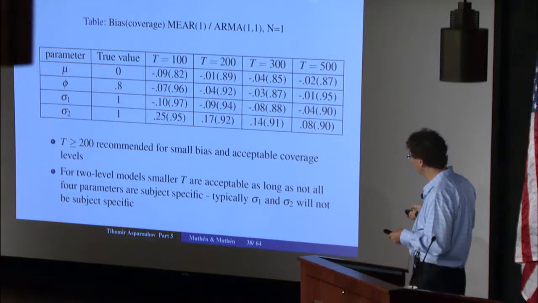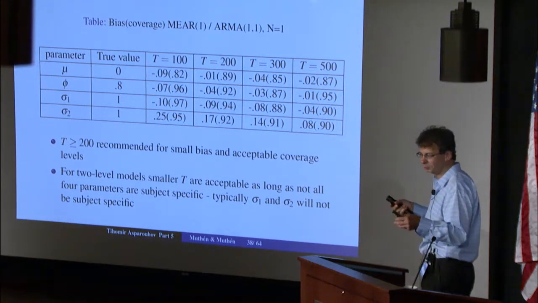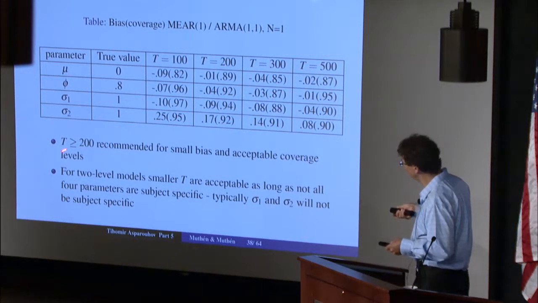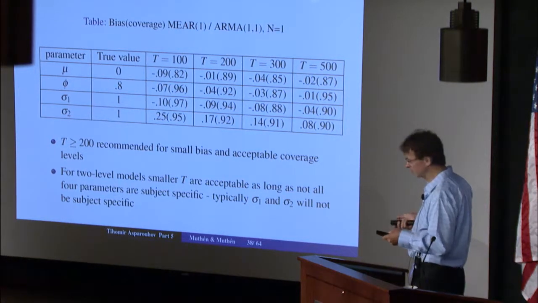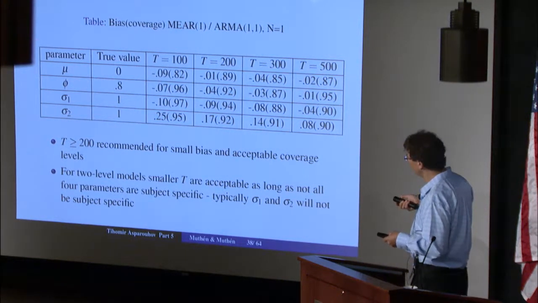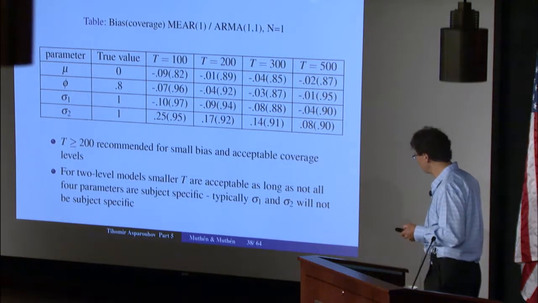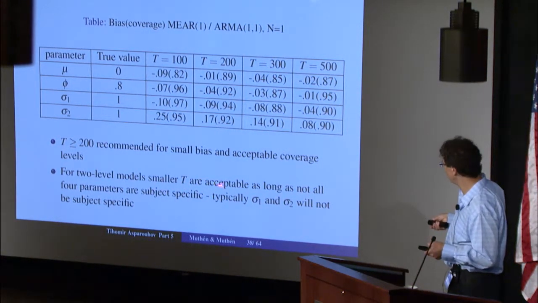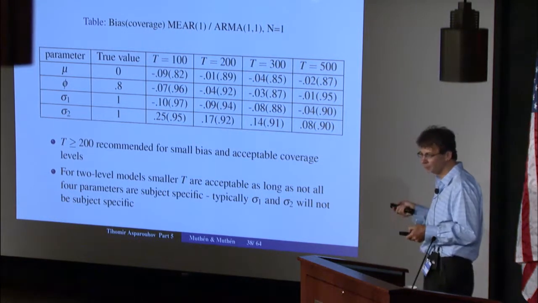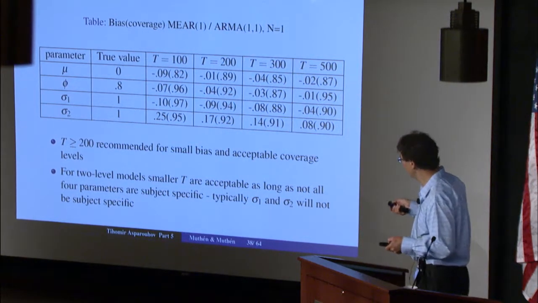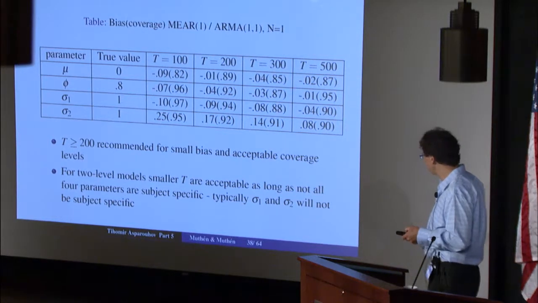The fact that some of the parameters are invariant across the clusters allows you to carry information from one cluster to another, and therefore reduces the demand for the number of time points. You'll be able to get good parameter estimates even with 50 time points, and probably even less.